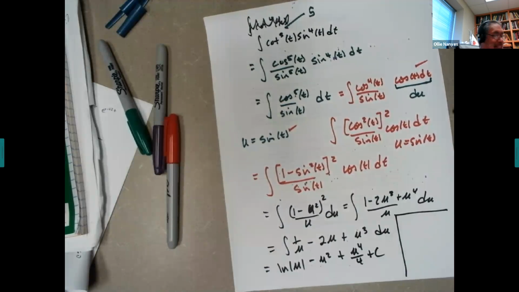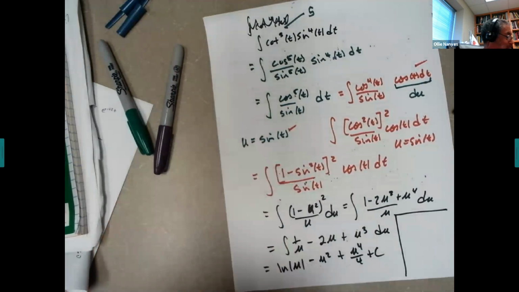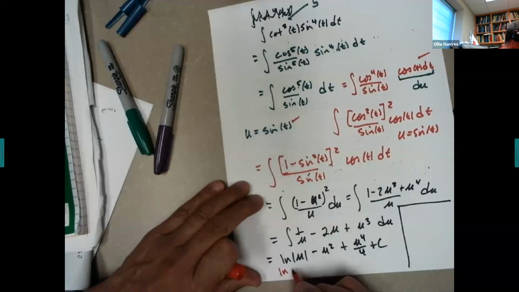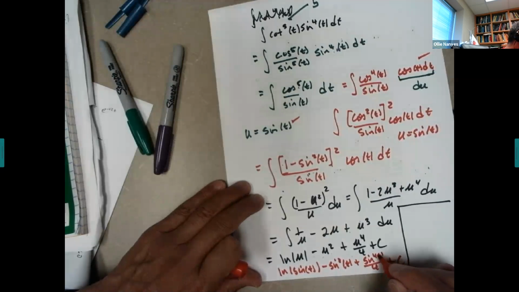But that's not exactly how we had the problem originally. Originally, u is sine t. So the actual answer is going to be natural log of absolute sine t minus sine squared t plus sine fourth t over 4 plus c.